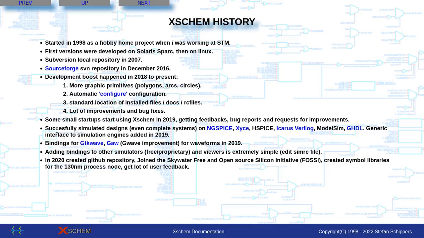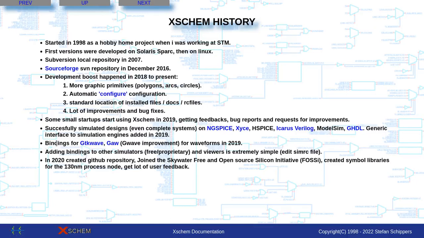I have successfully simulated complete system designs with ngSpice, XSCHEMATIC, HSpice, Icarus Verilog, ModelSim, GHDL, and I added a generic interface to simulation engines in 2019, so adding another simulator does not require changing the program.